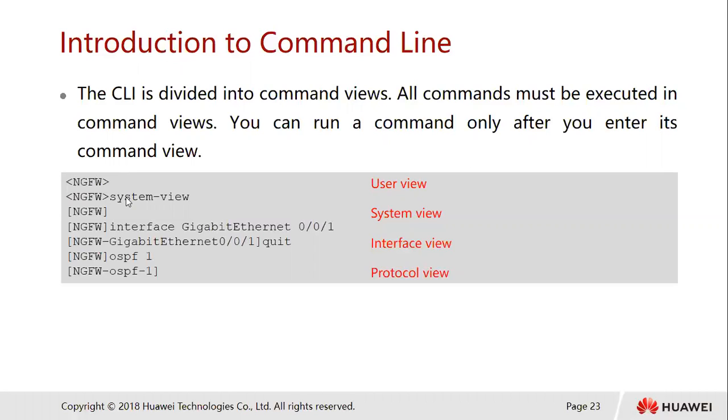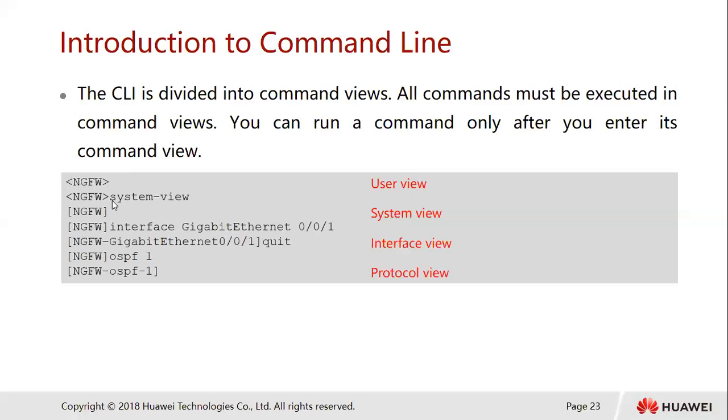Now, when you want to move from user view to system view, you use this command here, system view. And the goodness with this operating system is that there's no need for you to type this whole command.